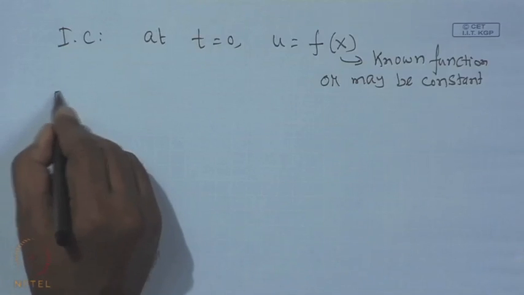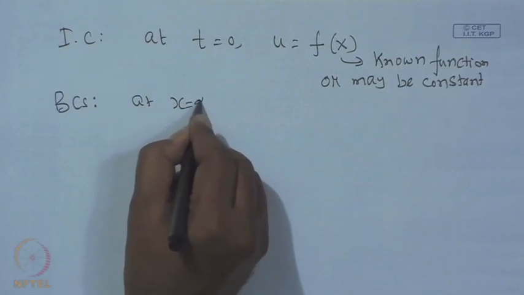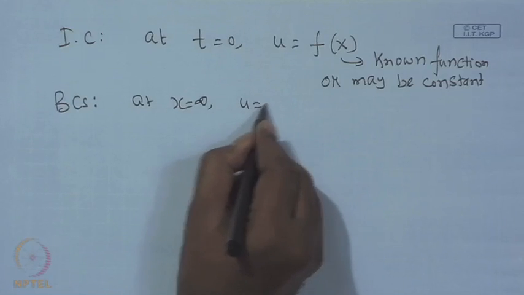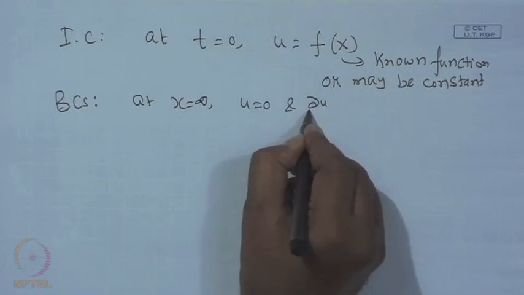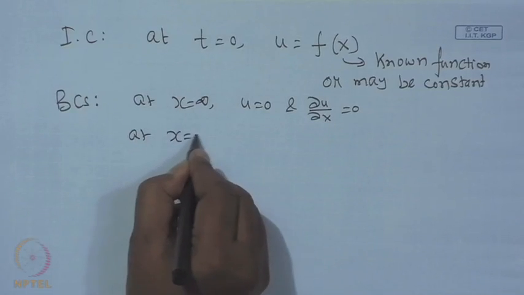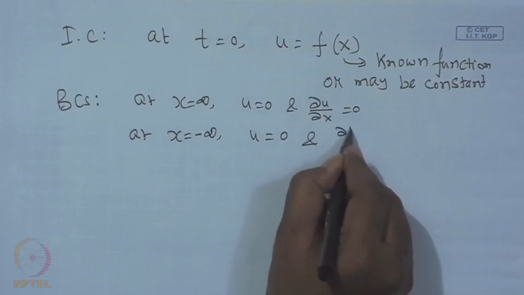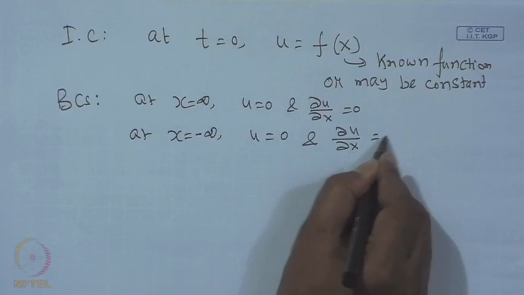The boundary conditions are at x equal to infinity, u is equal to 0 and del u del x is equal to 0, and at x equal to minus infinity, u is equal to 0 and del u del x is equal to 0.